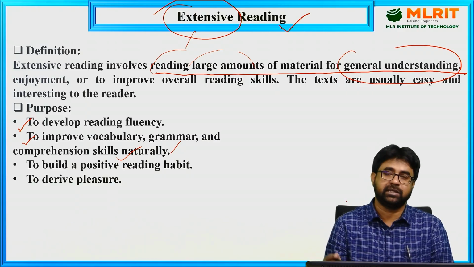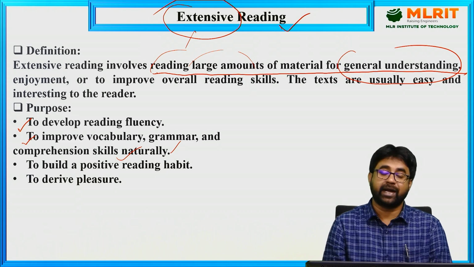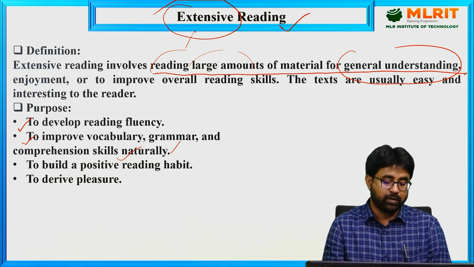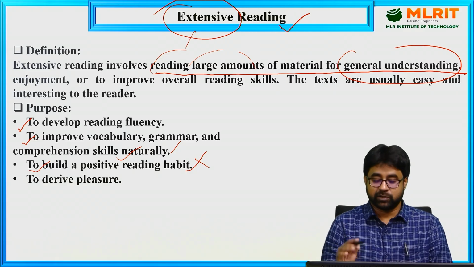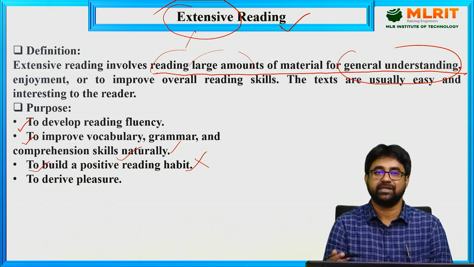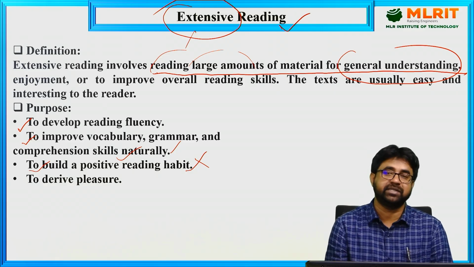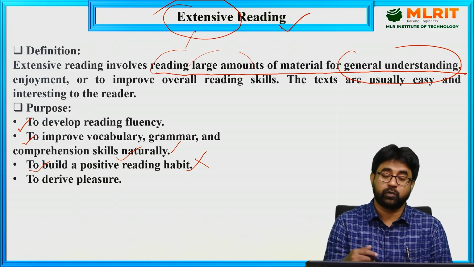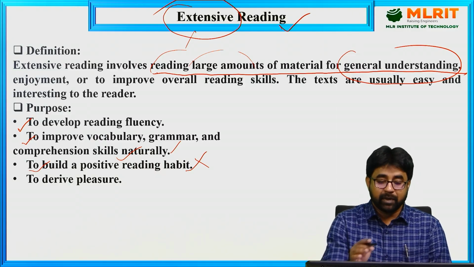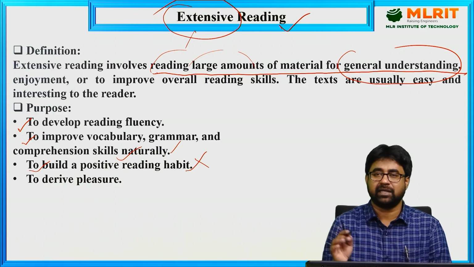Unknowingly, unconsciously, we will get to know a few new vocabulary words and particular grammatical rules. To build a positive reading habit. Reading is a good habit, right? It's a positive habit. So this act of extensive reading will help us to develop or strengthen that habit, because it doesn't demand a huge, deep attention.